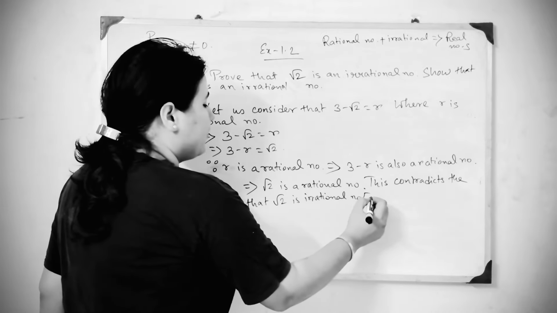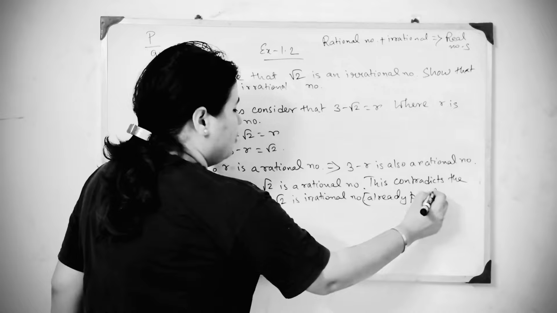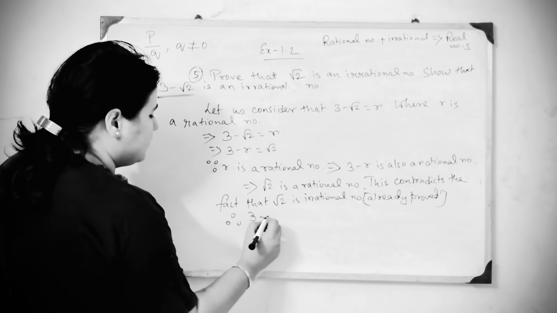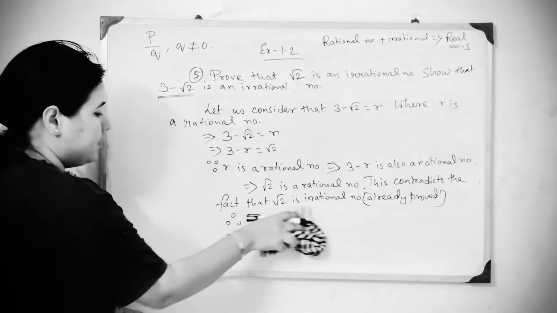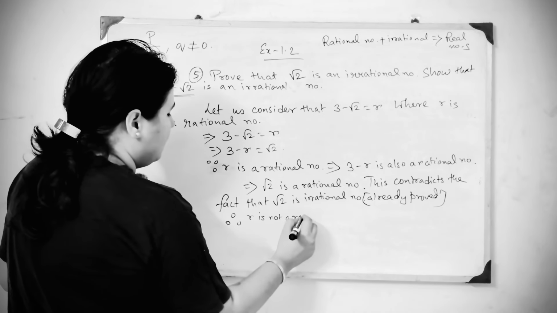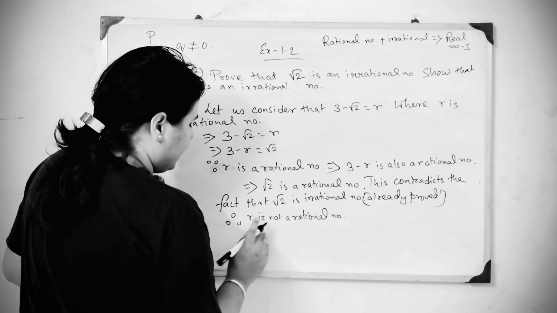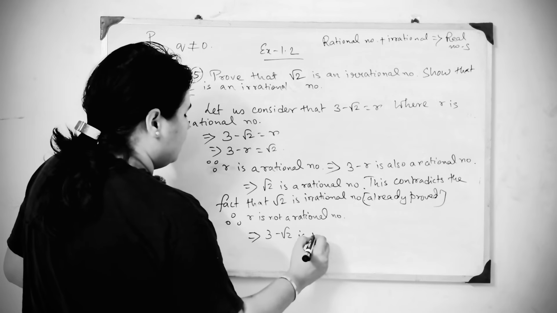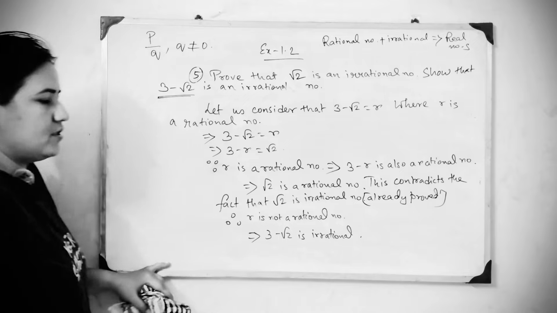You can write here, already proved above. Therefore, from here you must write first that r is not a rational number, which implies that 3 minus root 2 is irrational.